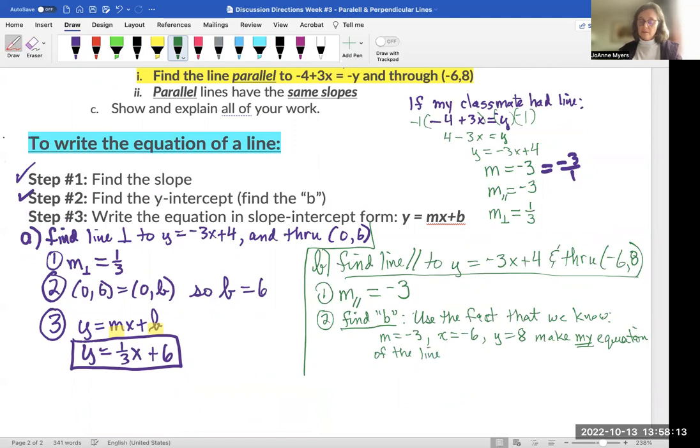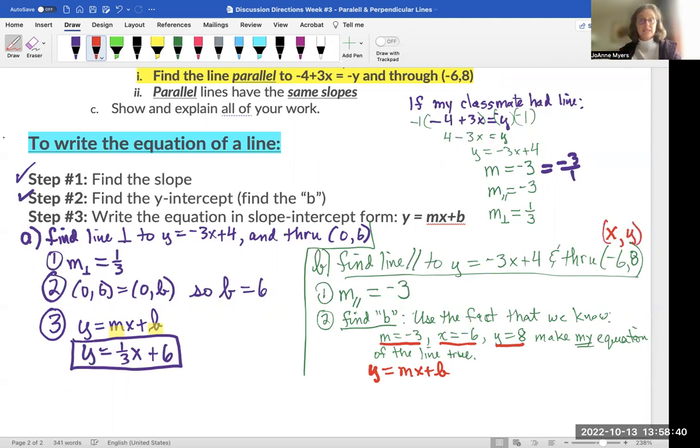So I'm going to plug this into the slope intercept form. So I have y equals mx plus b. I have an m, I have an x, and I have a y. Again, if you're wondering about this x, y, it's because we're given this point here, x comma y.